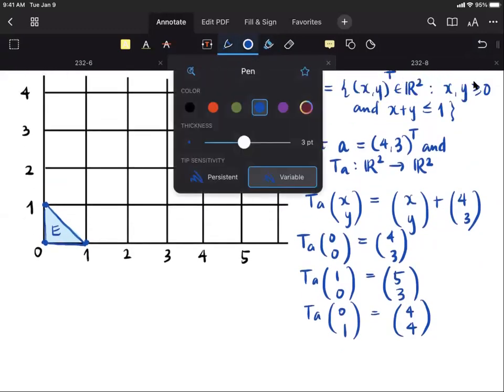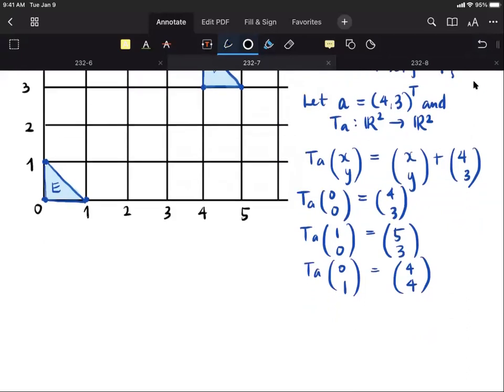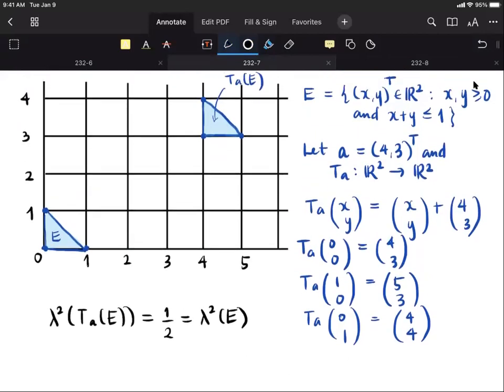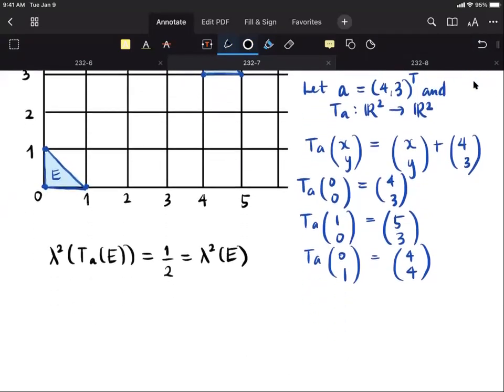And from this, of course, it is clear that the Lebesgue measure, in this case the area of the image, is 1/2. This is equal to the Lebesgue measure of E. And this is what we call translation invariance.